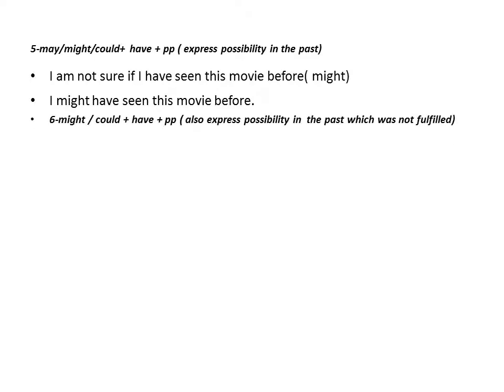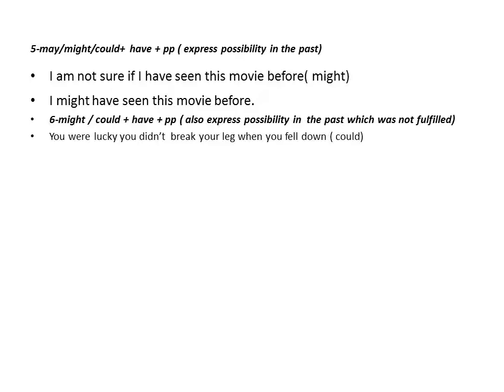Number 6 and the last rule today is might or could plus have plus past participle also express possibility in the past which was not fulfilled. What does it mean? Read this example carefully. You were lucky you didn't break your leg when you fell down. Did he break his leg?